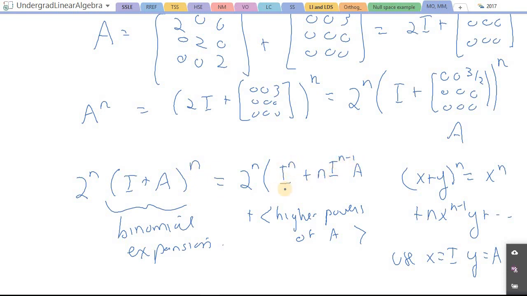Now the neat thing about this is I to the n is I, I to the n minus 1 is I, and if you work it out, A squared is 0. So higher powers of A are all 0. All these terms are 0. So I'm only left with this expression here.